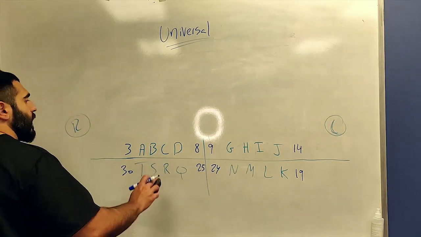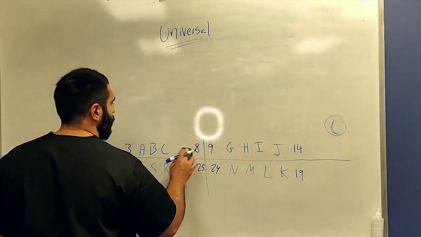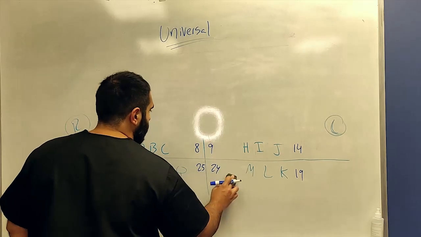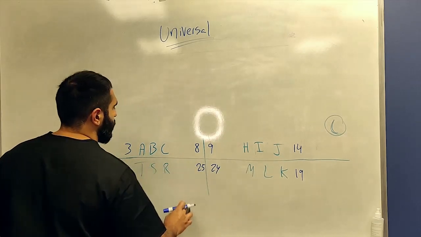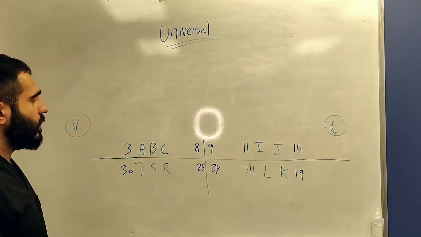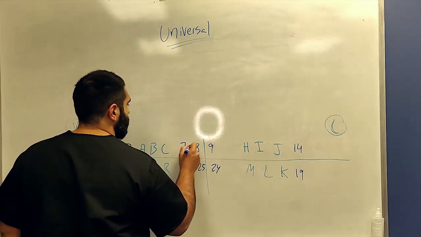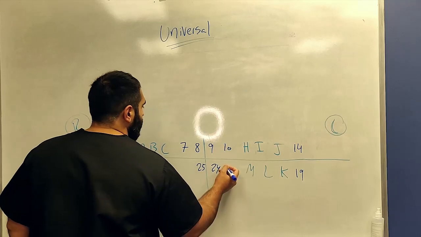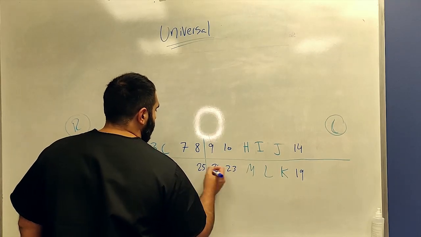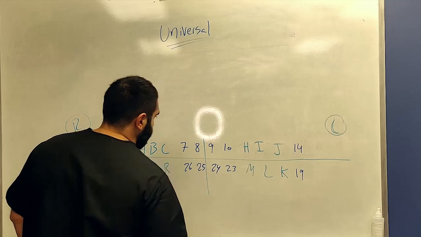After that, your primary lateral incisors go and get replaced by your permanent lateral incisors. So you get 7, 10, 23, and 26.